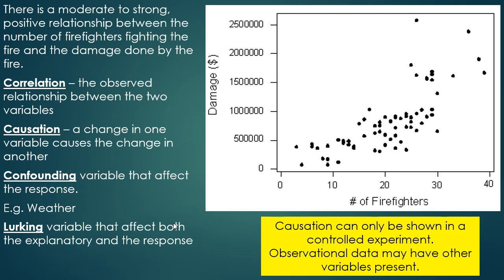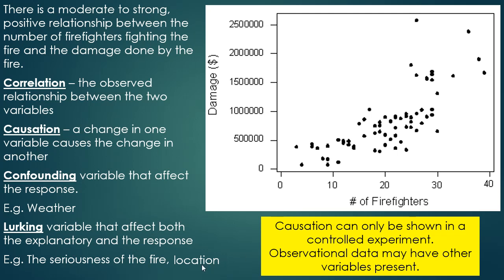The other sort of variable that may be present is a lurking variable. So that's a variable that affects both the firefighters and the damage. So for example, the seriousness of the fire. So if the fire was very serious, then we might send more firefighters and it might be causing more damage, and that the lurking variable might be causing the causation rather than the number of firefighters.